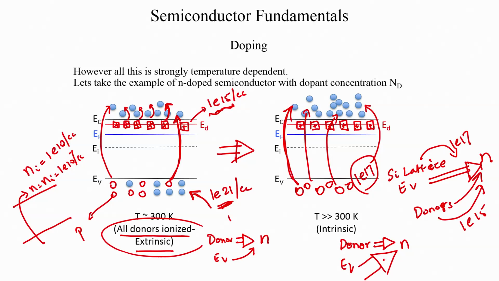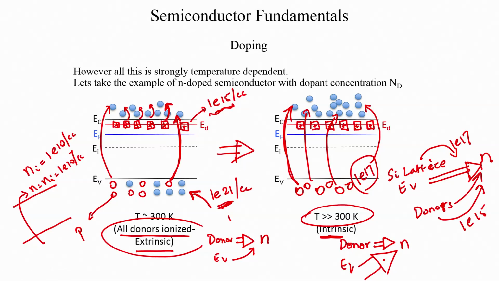So, it is as though the silicon is behaving like an intrinsic material, because the electrons that are coming into the conduction band now are coming in from the valence band, and therefore we call this operation at T much greater than 300 Kelvin intrinsic operation.